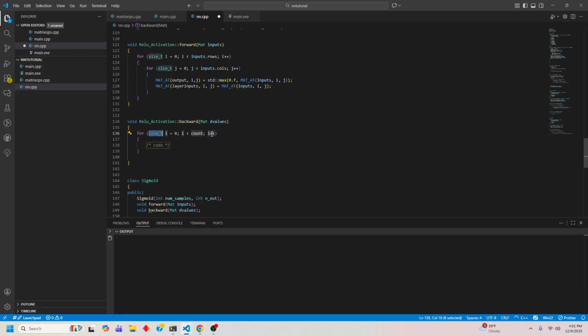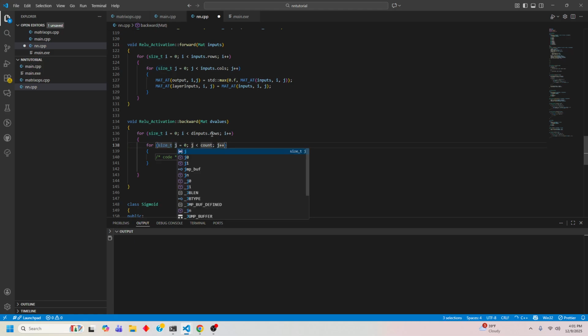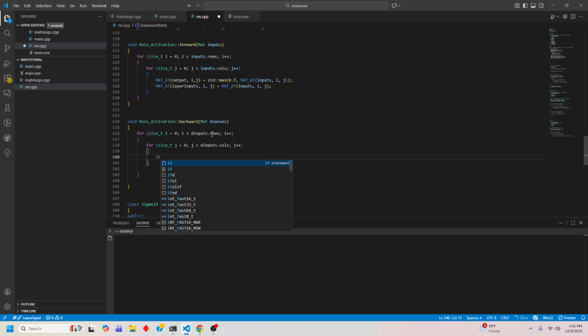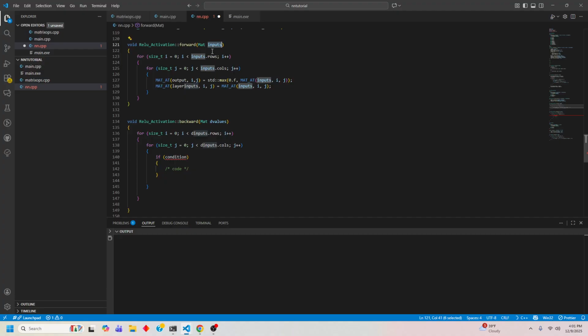So all it is, we're going to go through all these values and basically, the ReLU forward takes the inputs, and if they're less than 0, you set the output to 0.